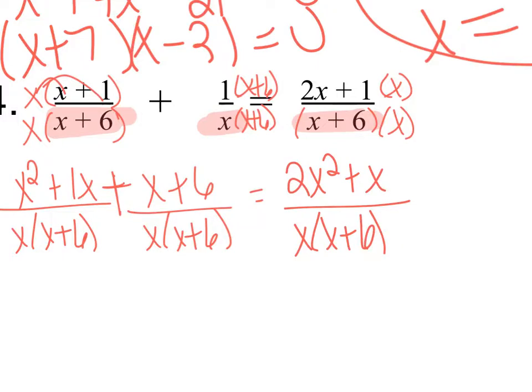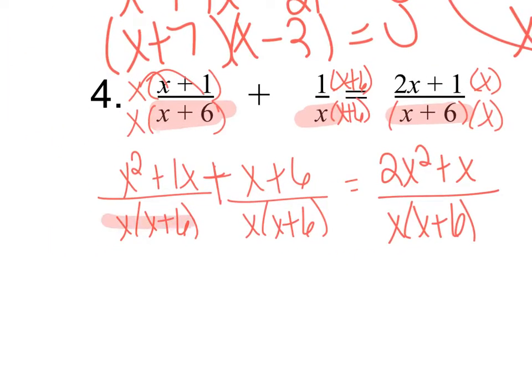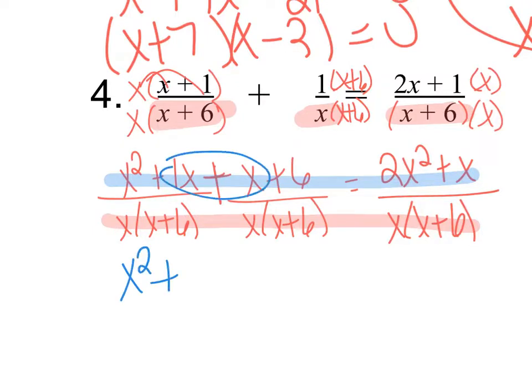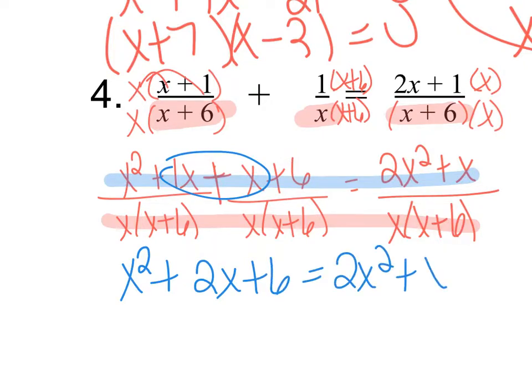Now all of my denominators are the same, which means I can solve my numerator. So I have x squared plus x plus x is 2x plus 6 equals 2x squared plus x.